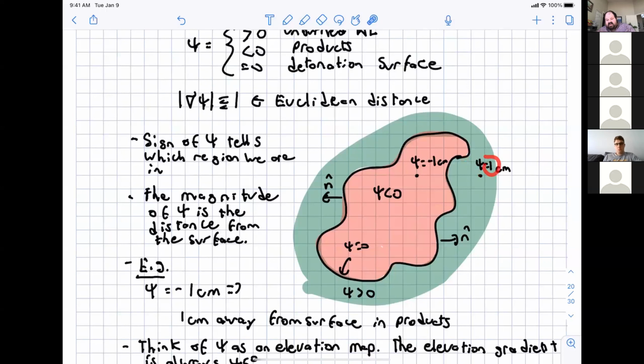So if psi is plus 1 centimeter, that means that given point is 1 centimeter away from the surface in the explosive. If psi is minus 1 centimeter, that means we are 1 centimeter away from the nearest point of the surface, and we are in the product region. Okay, so does that make sense? Are there any questions here?